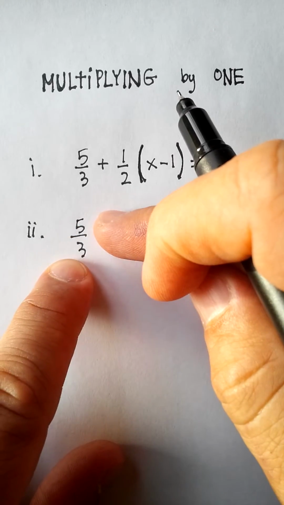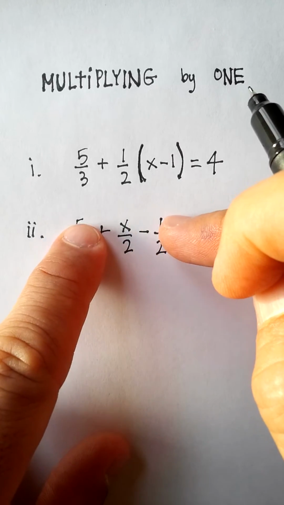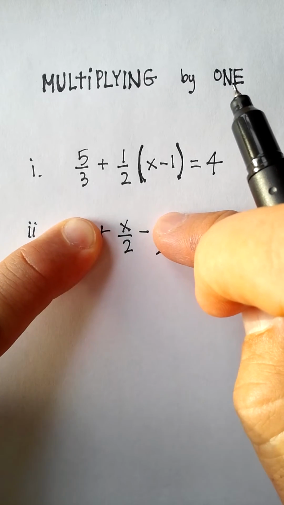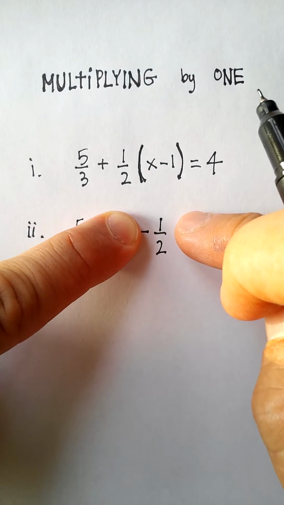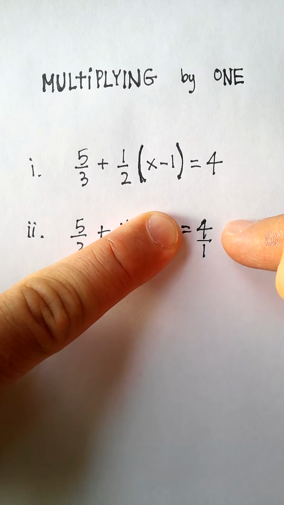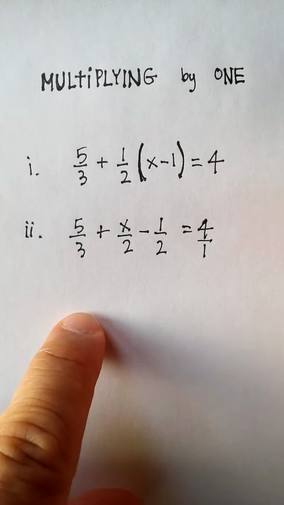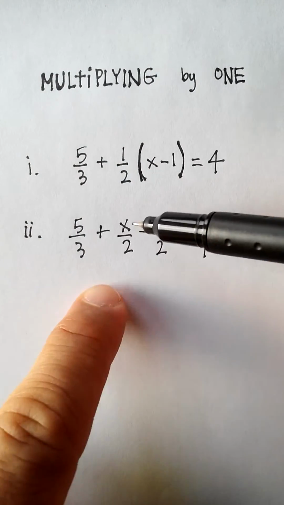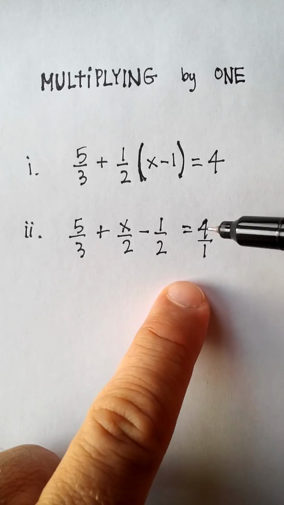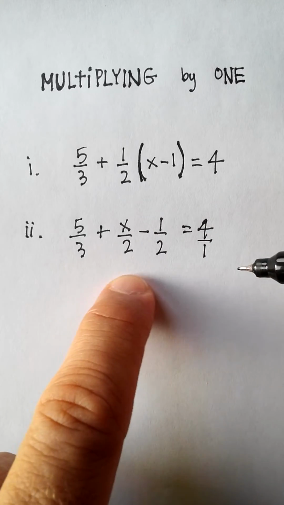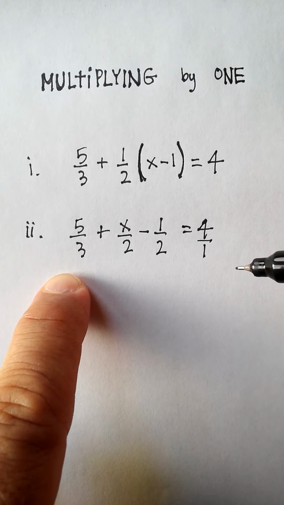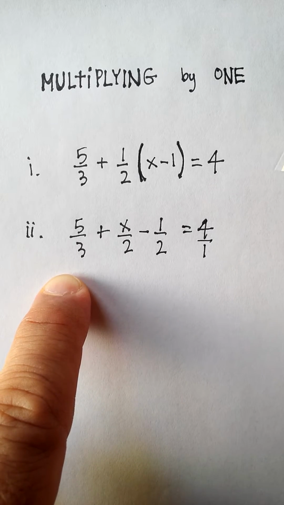So like 5/3 is a term. There's an addition and there's a subtraction. X over 2 is a term. 1/2 is a term. 4 over 1 is a term. And what I want to do is multiply each term by some kind of a 1 so that all my denominators are the same. And I'll explain why in just a second.